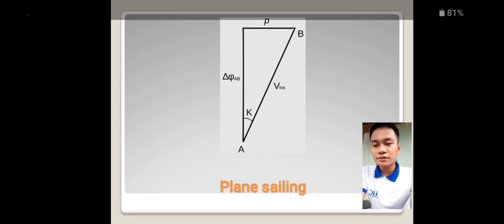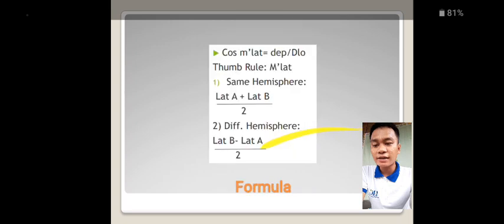Composite great circle sailing is a modification of great circle sailing to limit the maximum latitude, generally to avoid ice or severe weather near the poles.